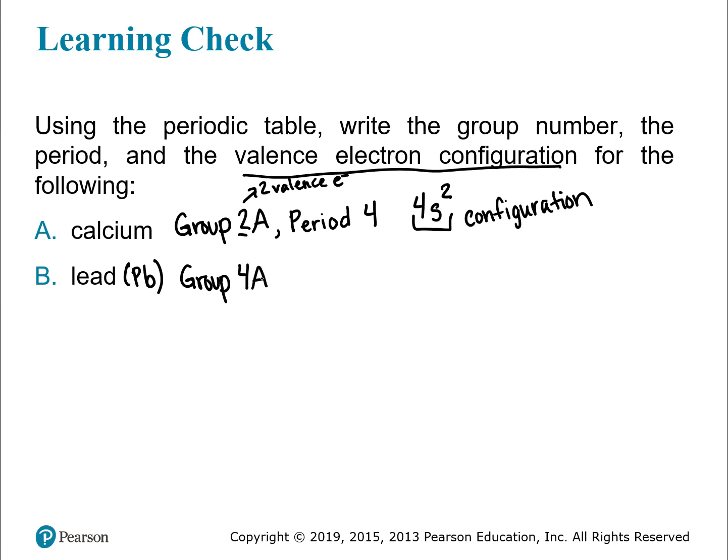We are in group 4A. So you find lead. It's underneath tin, which also has kind of a funky abbreviation, which is Sn. But it is a group 4 element. Or 4A, excuse me. What period are we looking at?